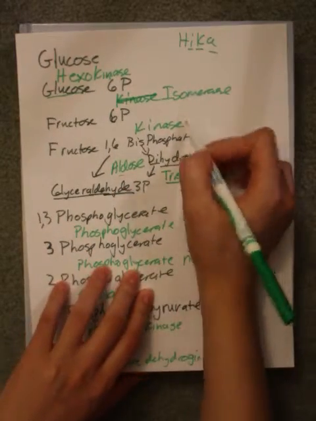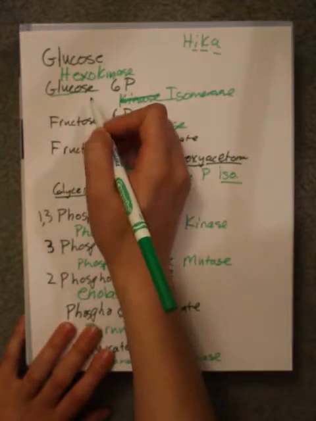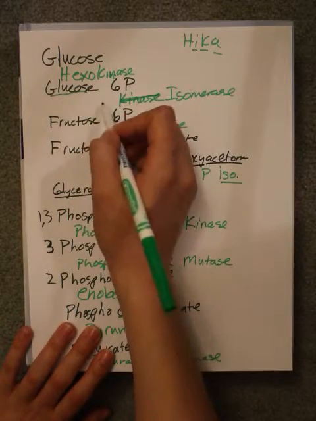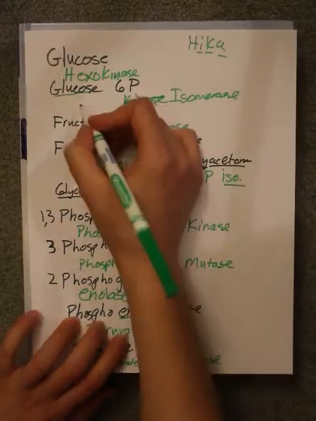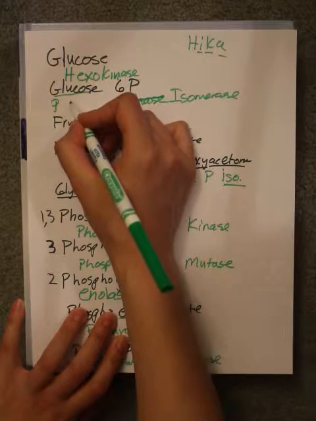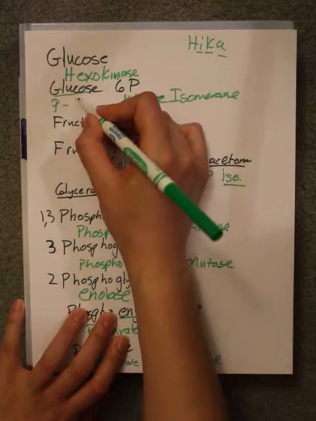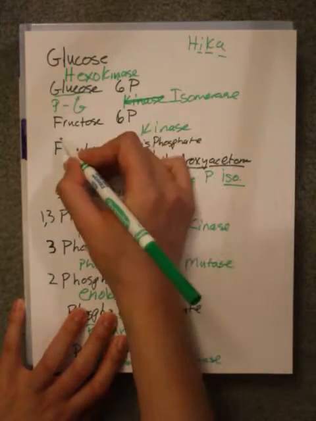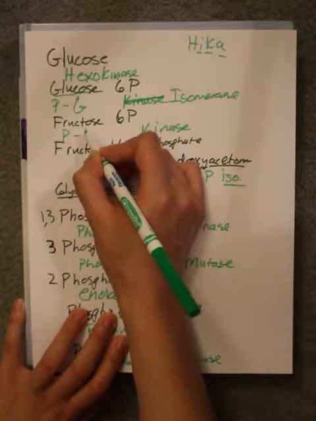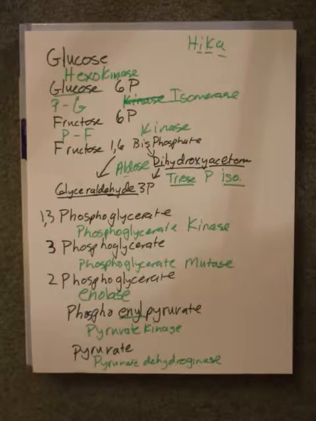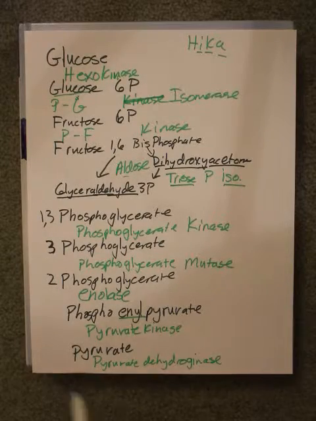So once you have these parts, it's really easy. It's just glucose, phosphoglucose and phosphofructose. I'm just gonna abbreviate. Phosphoglucose and phosphofructose. And that's it.